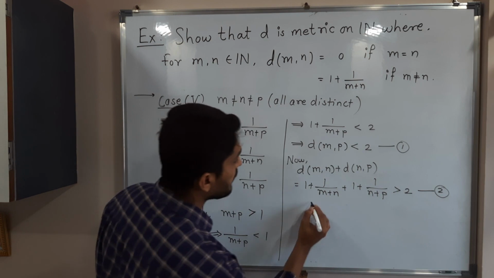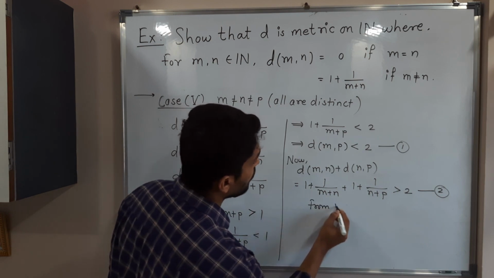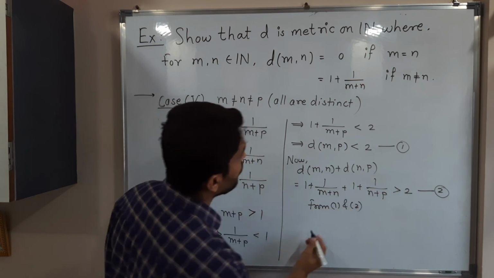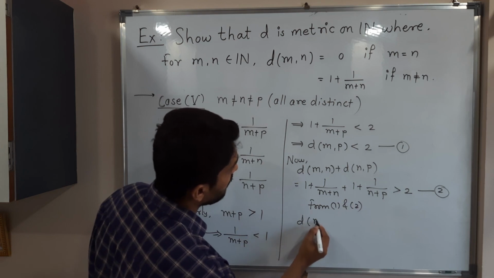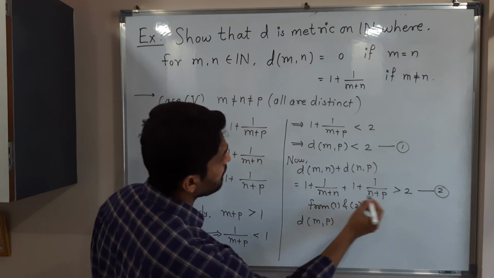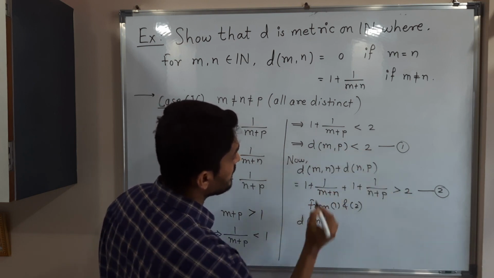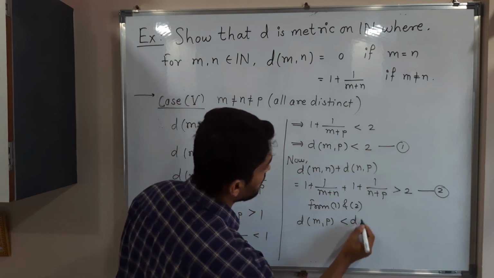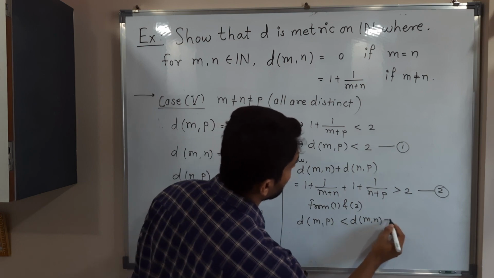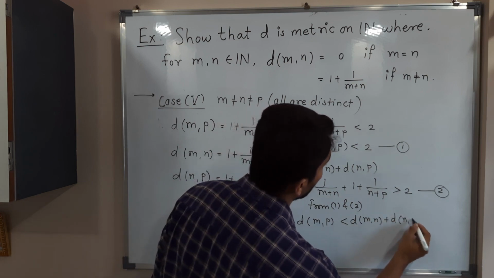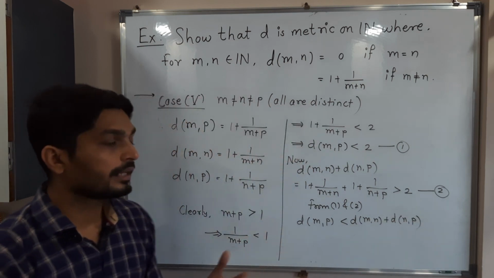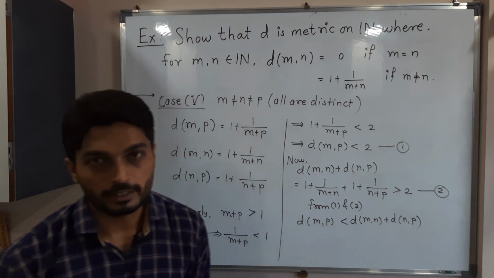So if you combine 1 and 2, what can we write? d of mp, right? d of mp is less than 2. Getting? This is less than 2, but 2 is less than this one. So this is less than d of mn plus d of np. So in this way we get strict inequality in this case also.